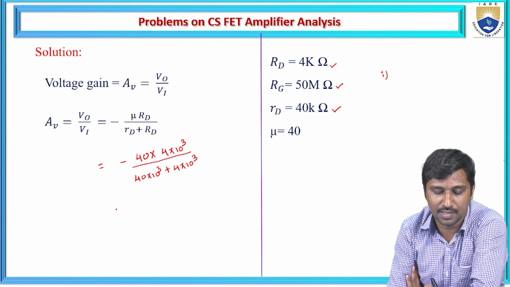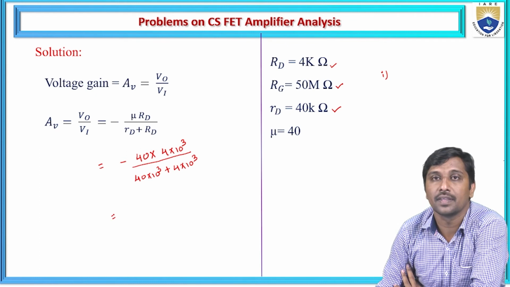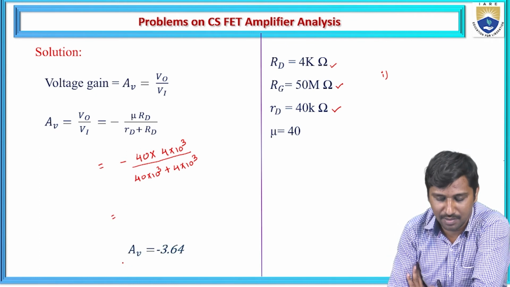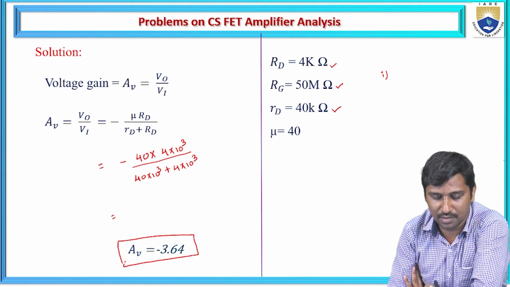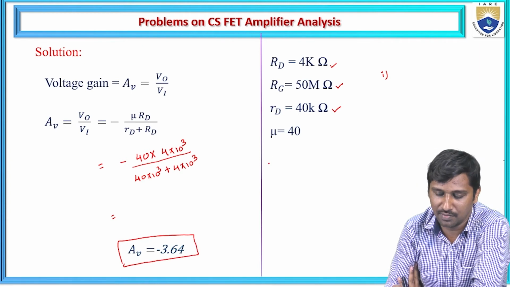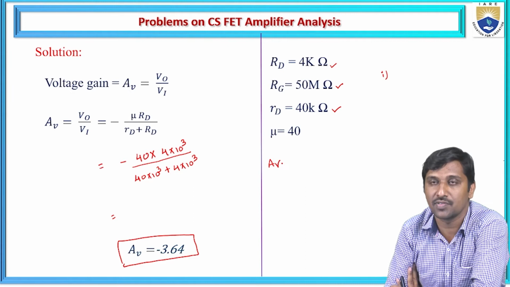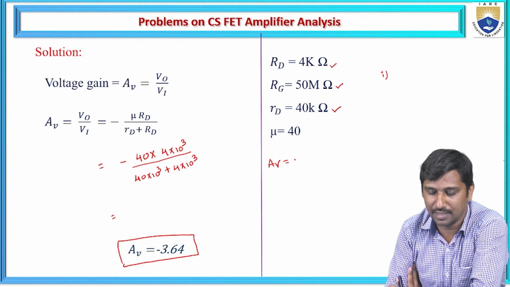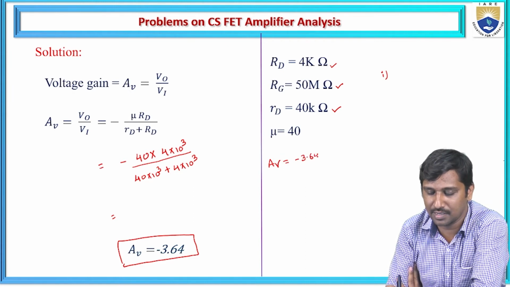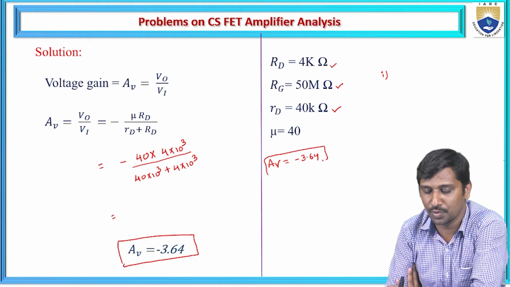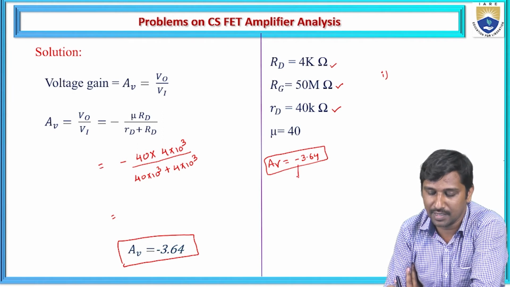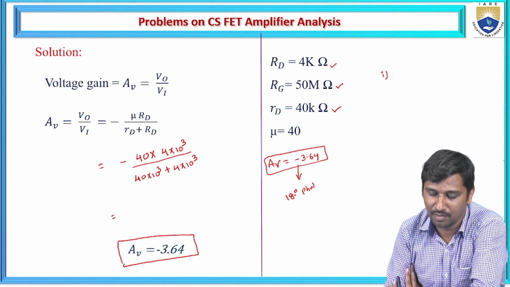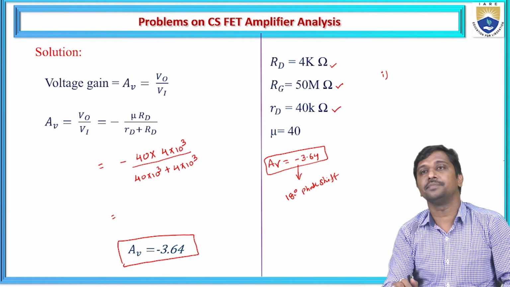Simplifying this ratio, the voltage gain is minus 3.64. Again, the minus indicates a 180 degree phase shift between the output and input signal.